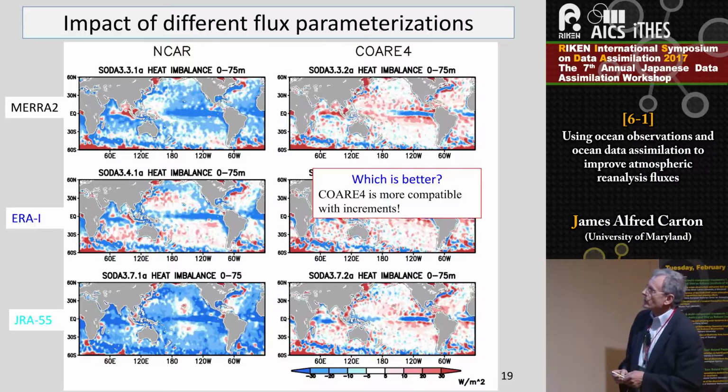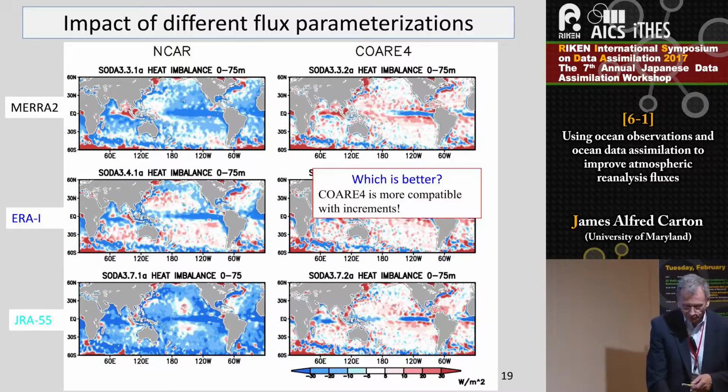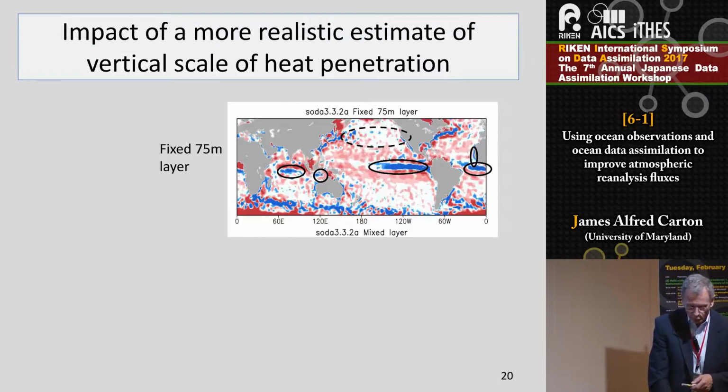The last thing I want to tell you about are these patterns of big imbalance that you see, for example, along the equator, and they exist in coastal upwelling regions. Core 4 is more compatible.